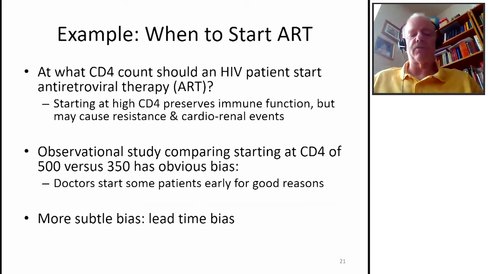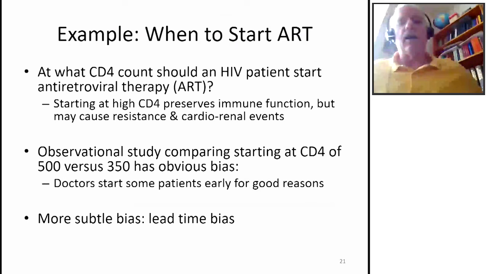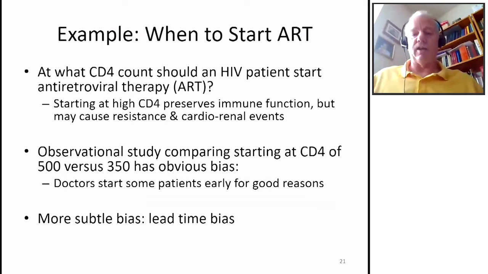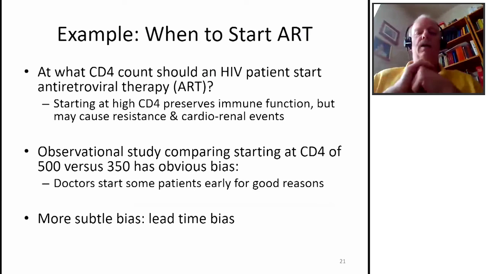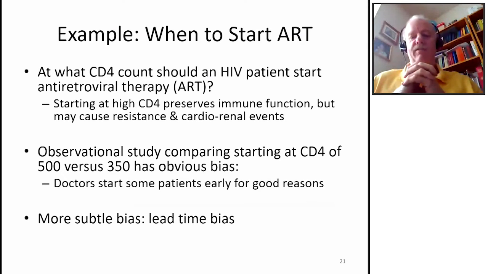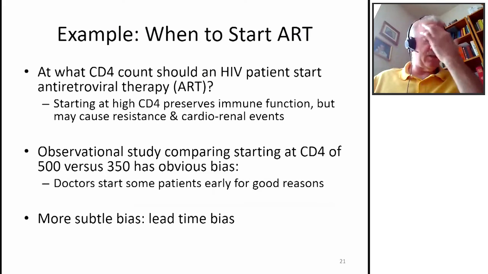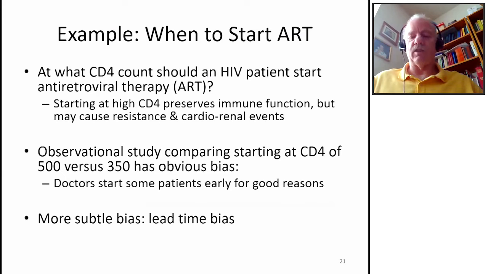Why are some people starting at 500 instead of 350? They're doing that because perhaps they had some serious infection that they thought needed to be treated, and so they're starting people at 500. They're starting sicker people at 500 versus the people they start at 350. Now, there are more subtle biases that can also come into this, and one of them is very interesting. It's called lead time bias.